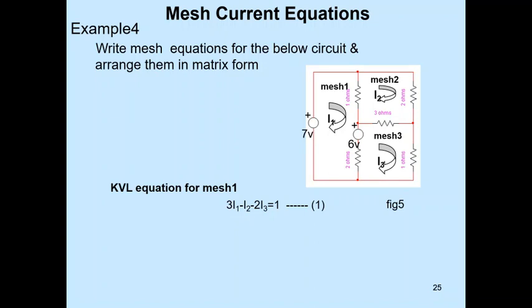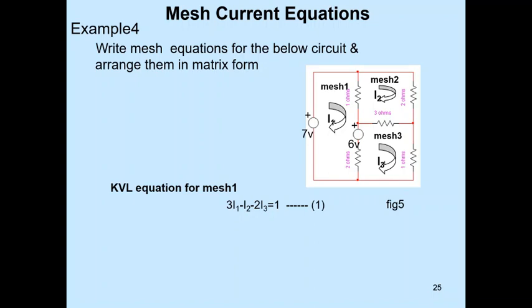So now we can write the 3 equations, mesh 1, mesh 2, mesh 3. By applying KVL to mesh 1, we can write 1 into (I1 minus I2) plus 2 into (I1 minus I3) is equal to 7 minus 6 volts. So from this we can rewrite, that is 3I1 minus I2 minus 2I3 is equal to 1.